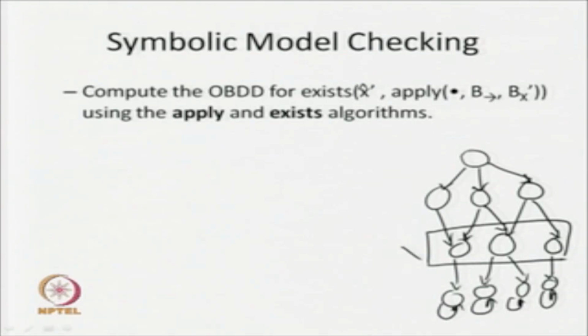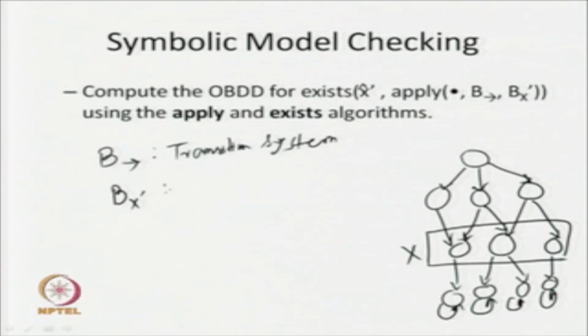So, this is a subset X. Now, we are getting B arrow as the OBDD representation of my transition system, and Bx prime is the representation of this subset X. Now, we are having this representing this particular subset with the prime version of the variables.